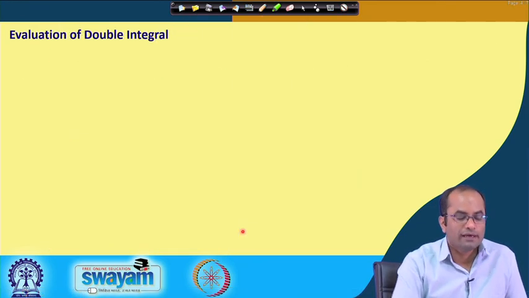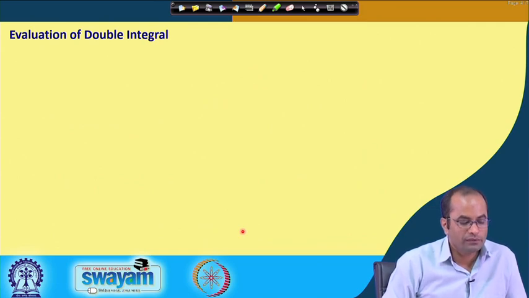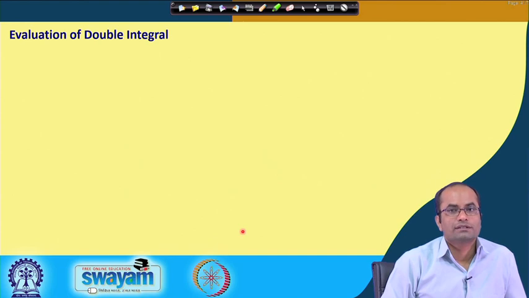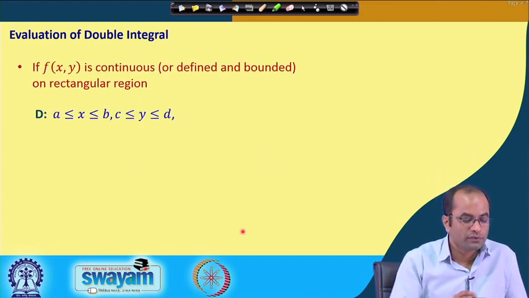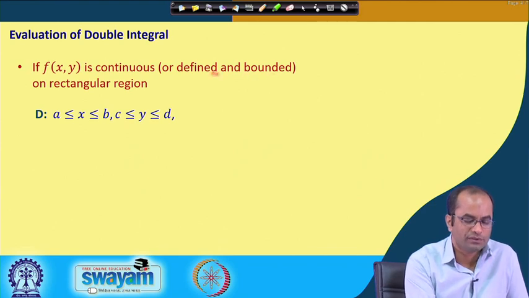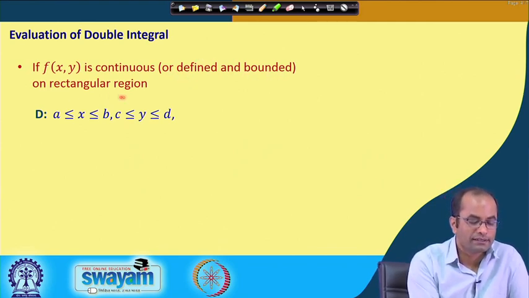Now, coming to the evaluation. For the evaluation we will first consider a simple scenario. If f(x,y) is continuous, or defined and bounded, then this integral will exist on a rectangular region.